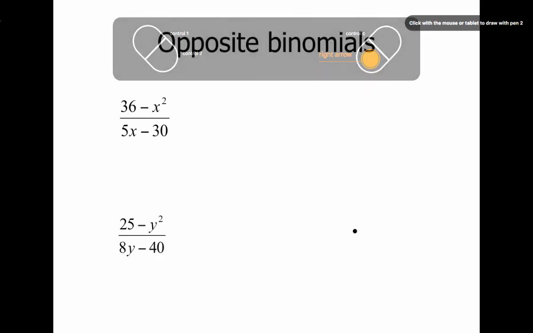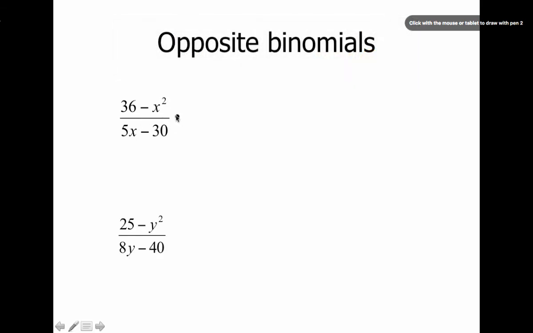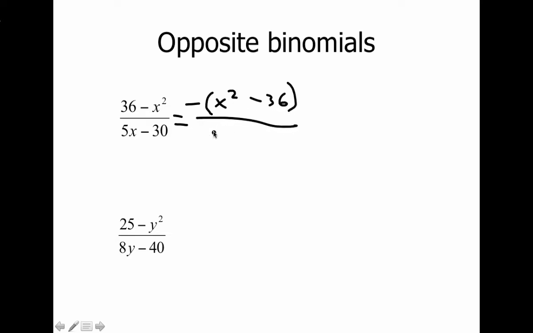Okay, in order to invert our binomials, like this is 36 minus x squared, got to remember, we like things where the x is out front. I can take a negative out, which will change the sign on both of these. So this will become x squared minus 36 over 5x minus 30.